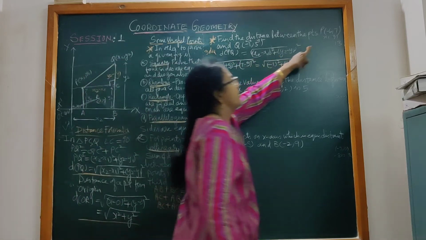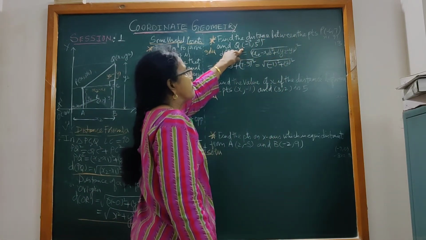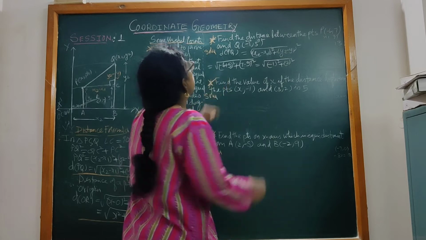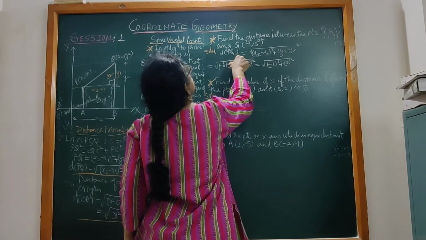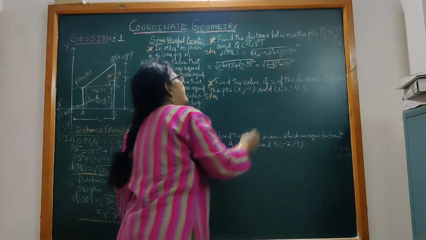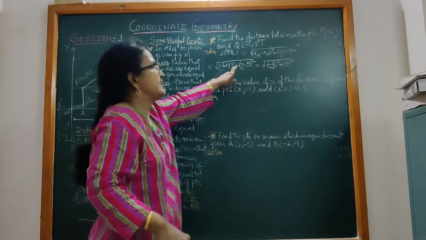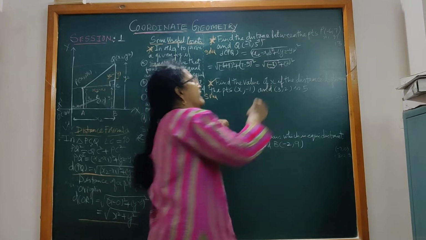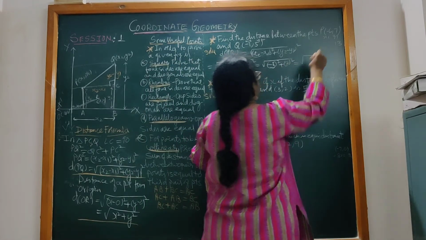First of all, this is your minus 6, minus of minus will become plus 1, so minus 6 plus 1 will become minus 5 square, and 7 minus 5 will become 2 square.